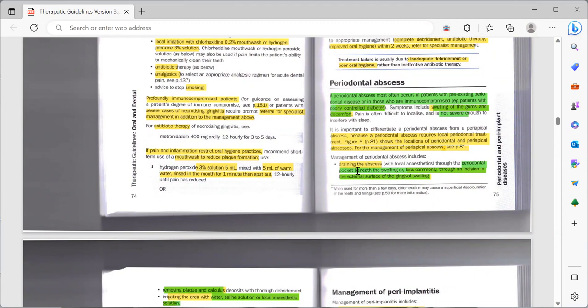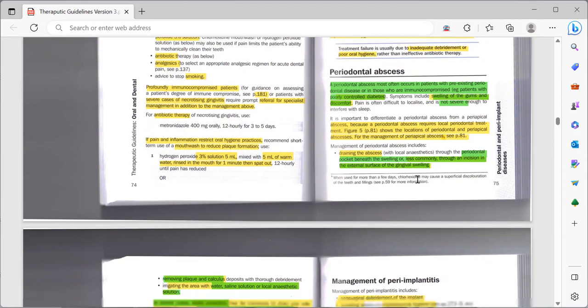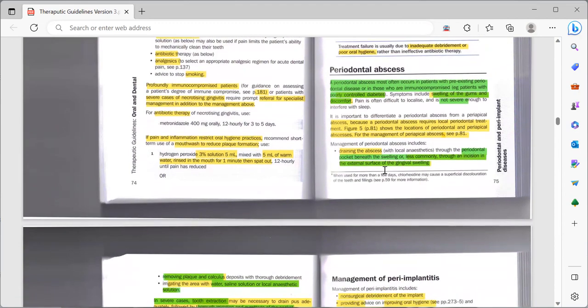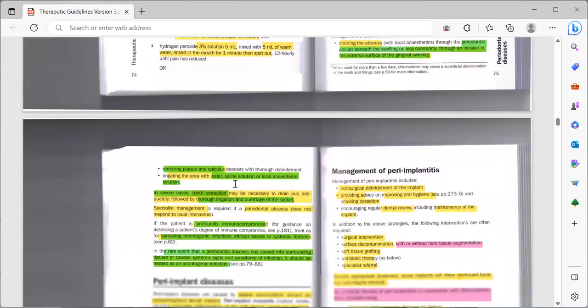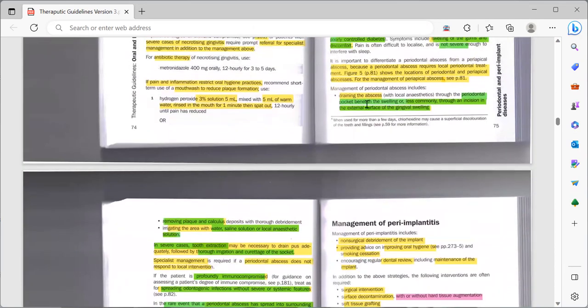Do not incise or put a cut with the blade on that area. Just try to clean it through the pocket beneath the swelling, or less commonly through an incision in the external surface. It is done, but only in very rare cases if you need to give the incision. And you have cleaned that area.